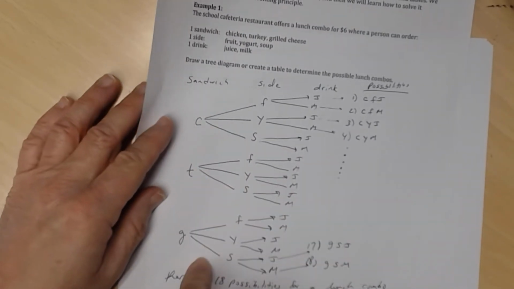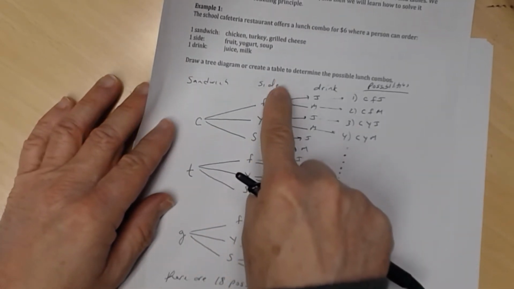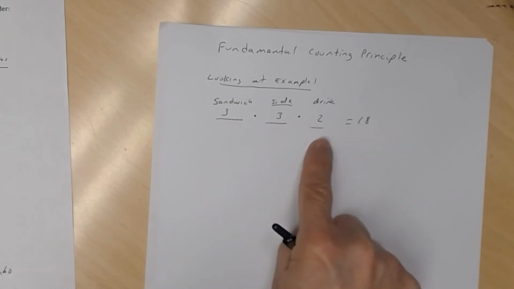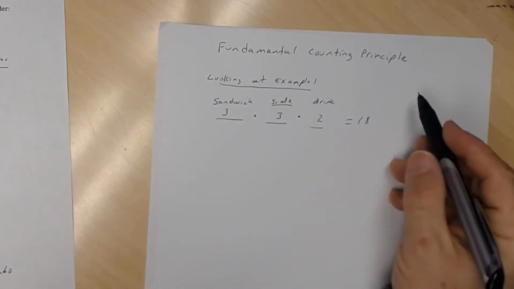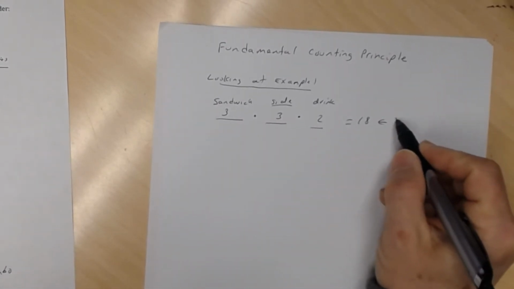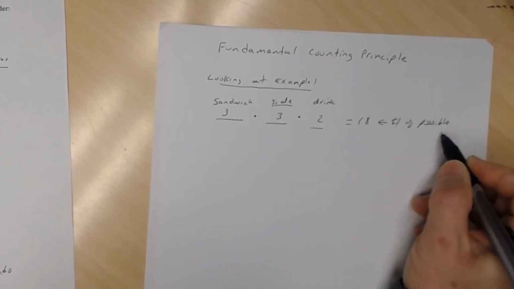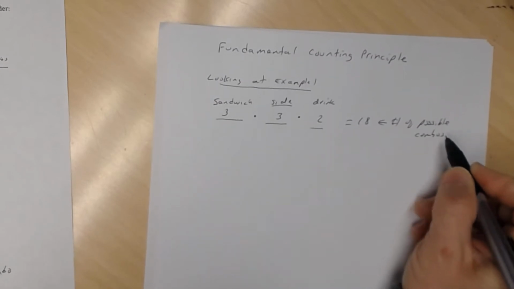I have 3 choices for the first one. For the sides, I have 3 choices. And for the drink, I have 2 choices. So I can just multiply those numbers together, and that's going to give me the number of possible combos in this case. Okay?